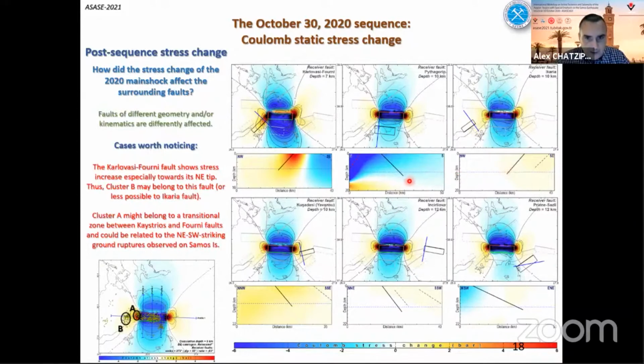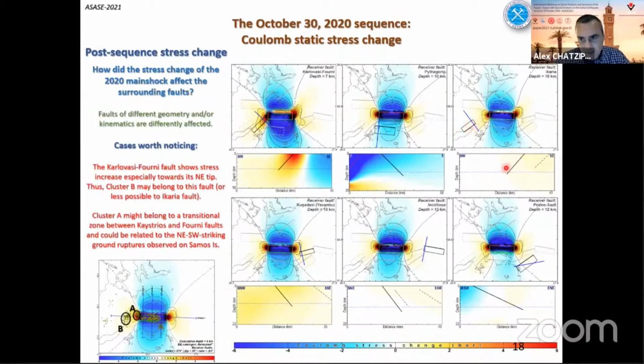So the main thing here is that this fault, which is the Karlova-Sifurni fault, shows a stress increase in its upper part, which is in good agreement with the second cluster, cluster B. So we believe that the second cluster was produced due to the reactivation of this fault. Another possibility was the Ikaria fault, which is here.